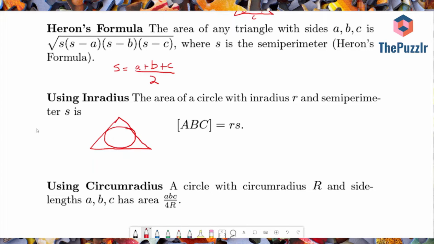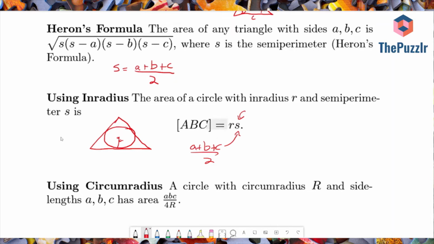The radius of this circle times the semiperimeter of the triangle, which is (a plus b plus c) divided by 2, that's s, would give you the area of triangle ABC.